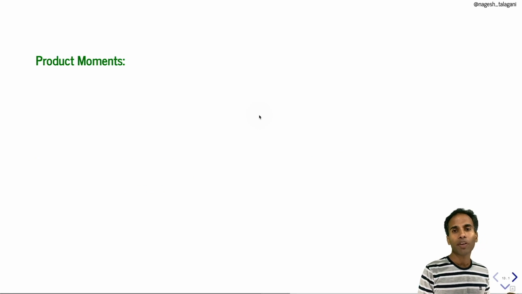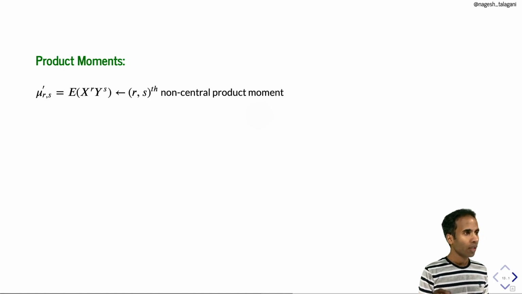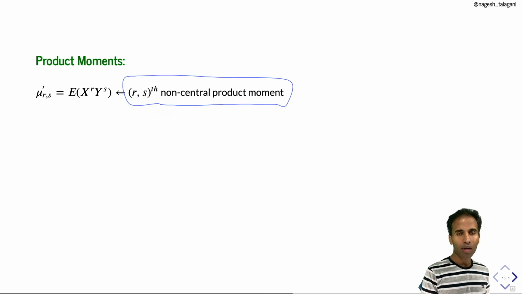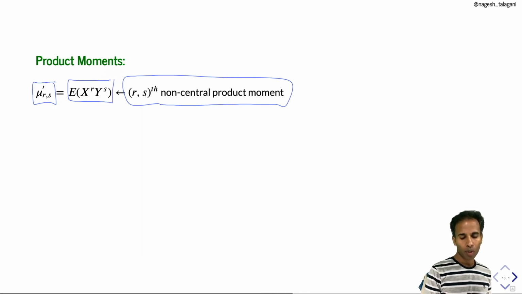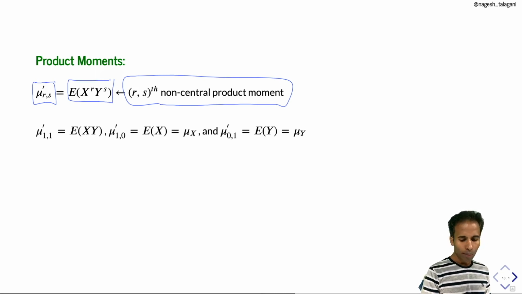Now let me define what are called product moments of bivariate distributions. Here the non-central product moment of order r comma s, denoted by mu dash rs, is defined to be expectation of x to the power of r y to the power of s, provided this expectation exists. As special cases, mu dash 1 comma 1 is expectation of xy.